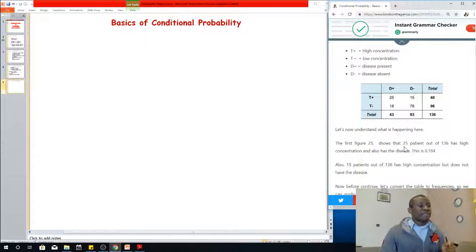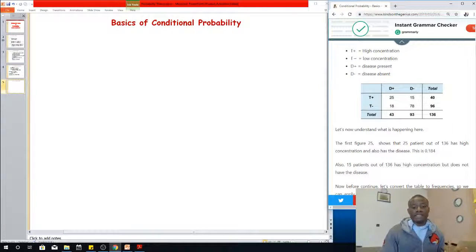So this is 0.184. Let's get it clear. 25 out of 136 has a high concentration and also has the disease. This is a probability of 0.184.